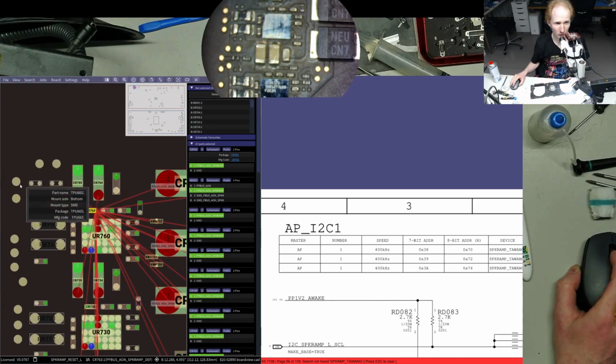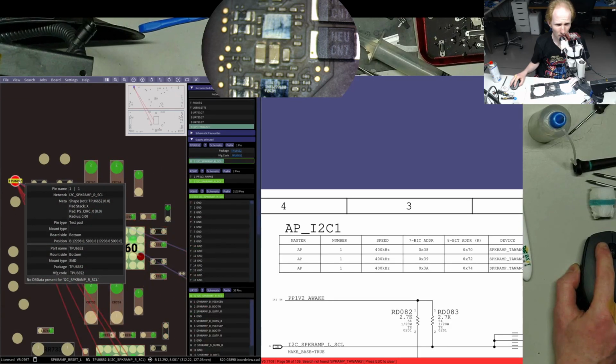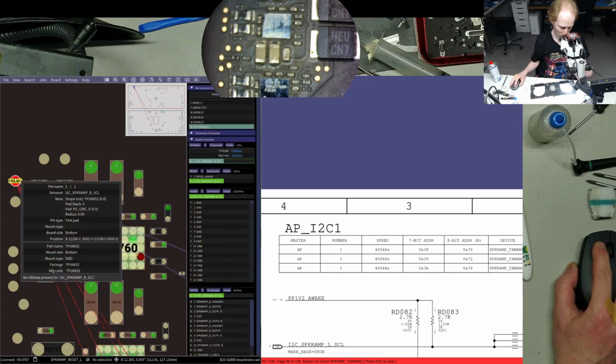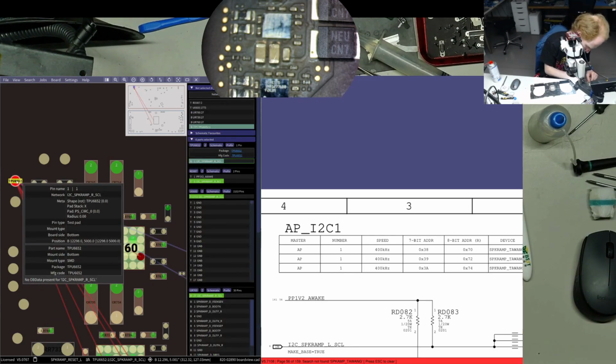Okay, but let's find the SCL, SDA. Okay, so the clock was green.